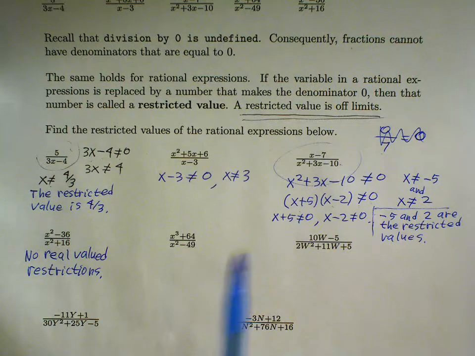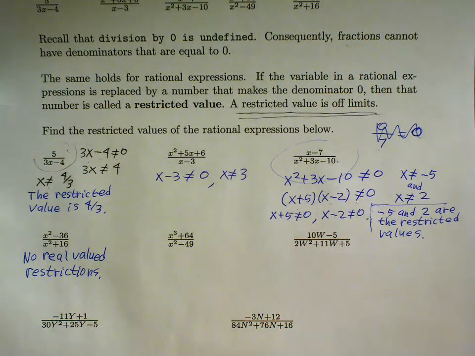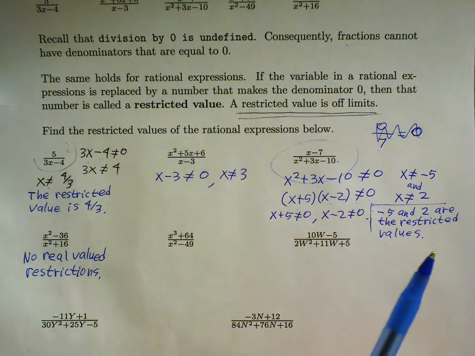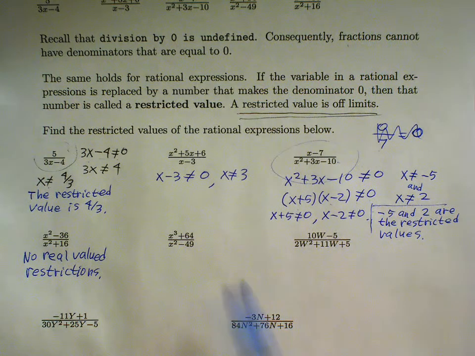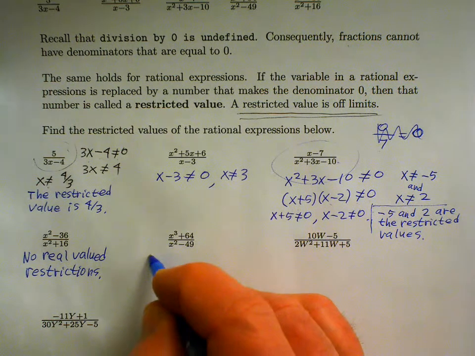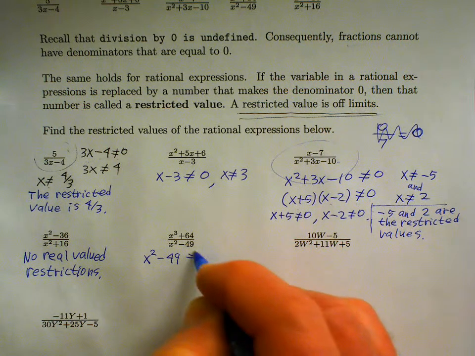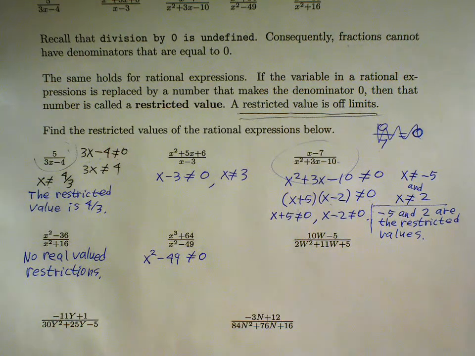And +7. Yeah, 7 and -7 are the two restricted values. So a systematic way of finding them is to take the denominator, x squared minus 49, and we say, well, x squared minus 49 cannot be equal to 0.